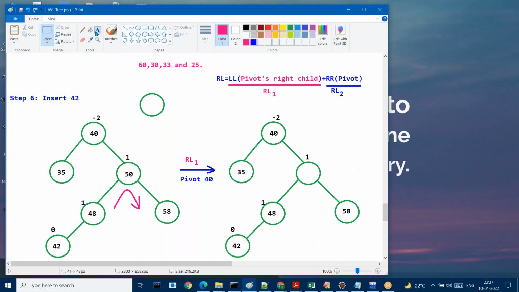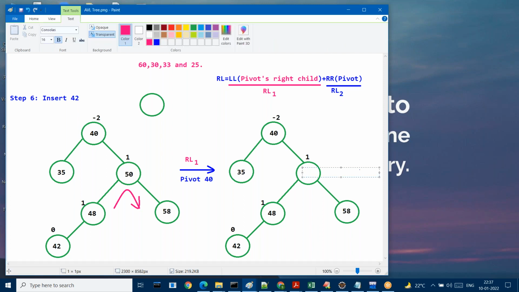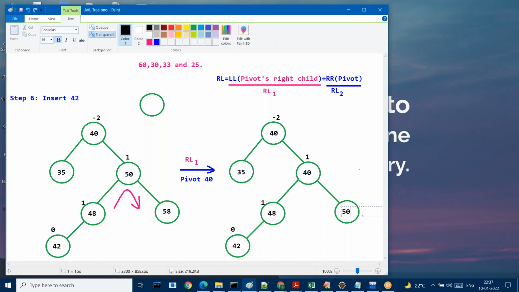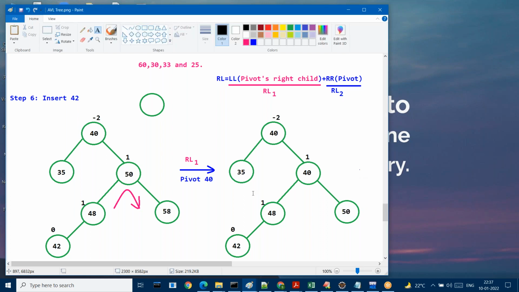Who will take the place of 58? 50. Where will 58 go, sir? 48 comes here. See guys, if 48 comes here, its children will also grow one step upwards, na? So 48 takes the place of 50, then automatically 42 will take the place of what?